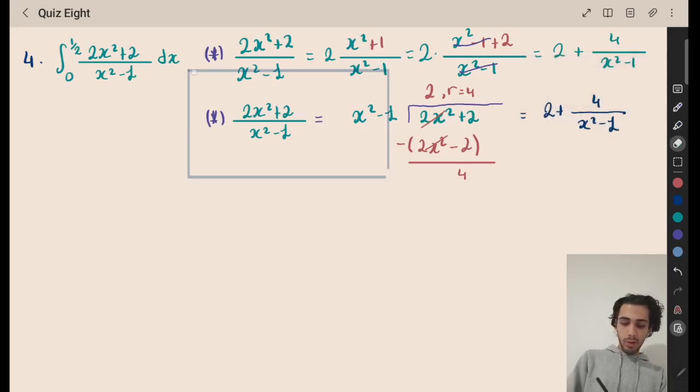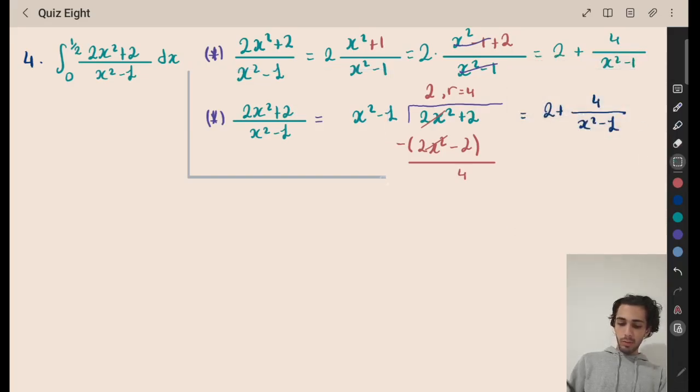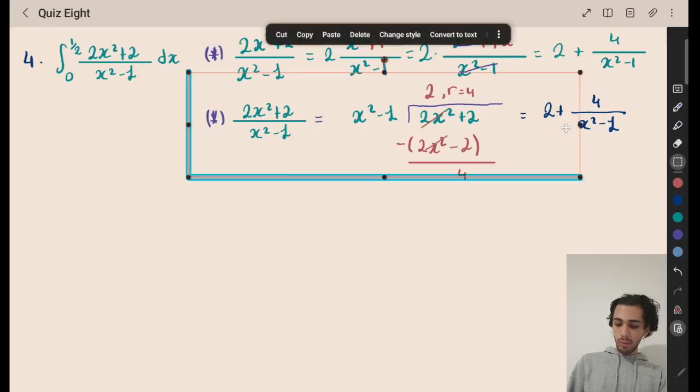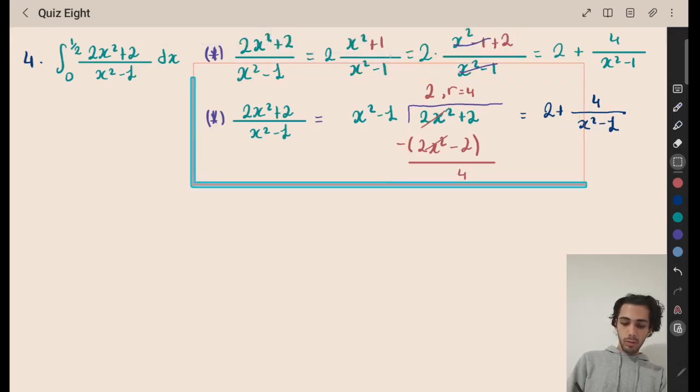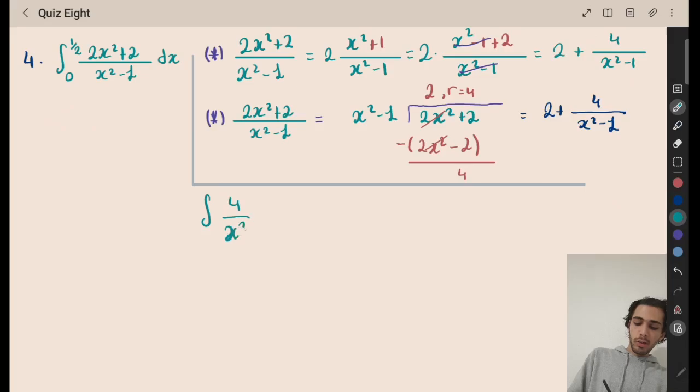Why am I drawing a random box? It's because of this. I want to isolate it from everything else. I still need to work with this: if I integrate this, I get an integral of 2, because the integration distributes. But then I still need to integrate 4 over x squared minus 1.